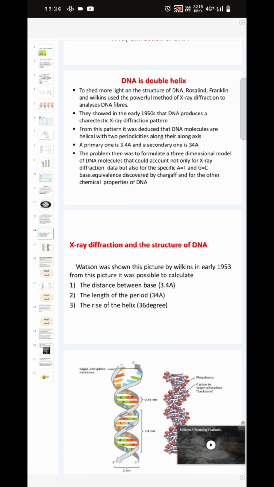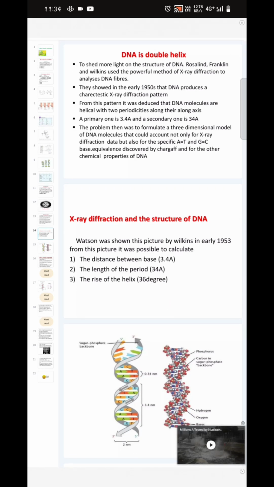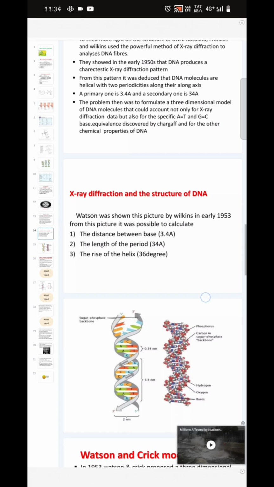They showed in the early 1950s that DNA produced a characteristic X-ray diffraction pattern. From this pattern, it was deduced that DNA molecules are helical with two periodicities along their long axis: the primary one is 3.4 A and the secondary one is 34 A.